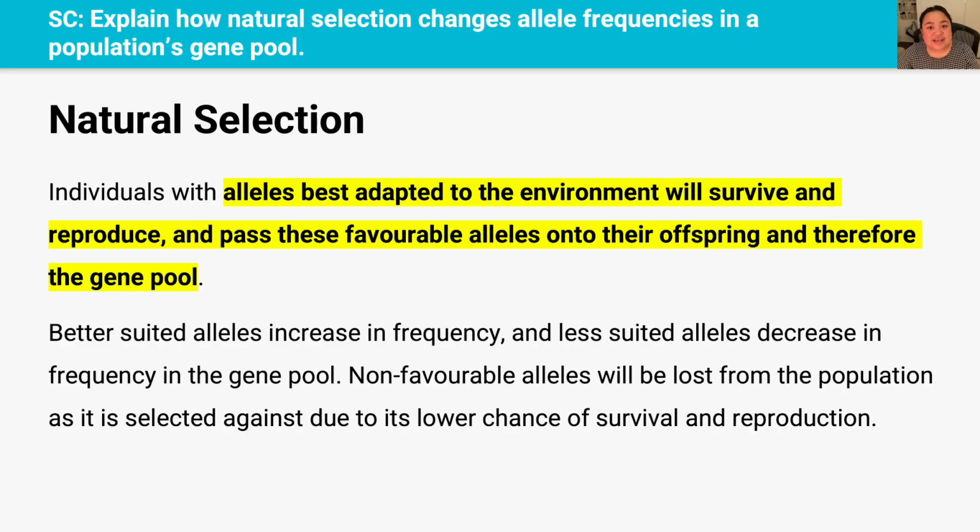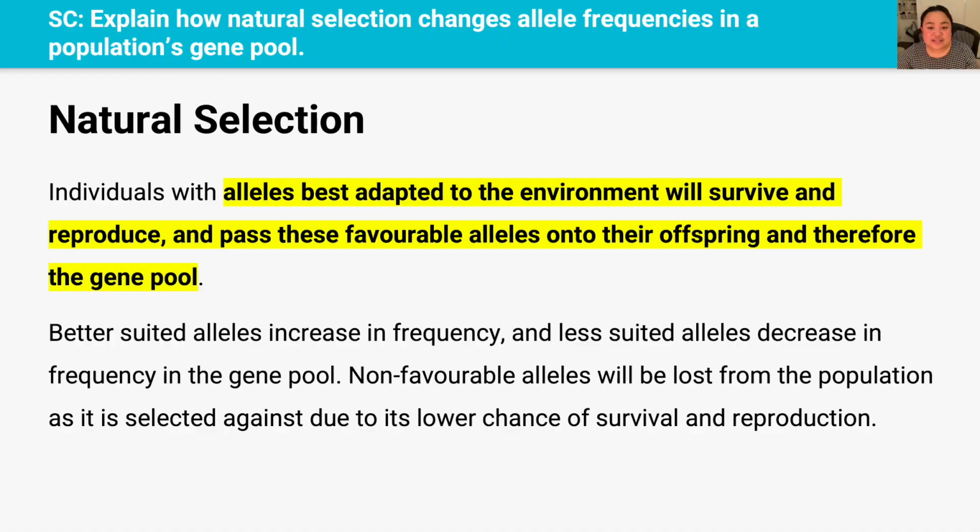Natural selection is the process by which individuals with alleles better suited to their environment survive and reproduce more successfully than others. The beneficial alleles of these reproductively successful individuals are more likely to be passed on to the next generation.